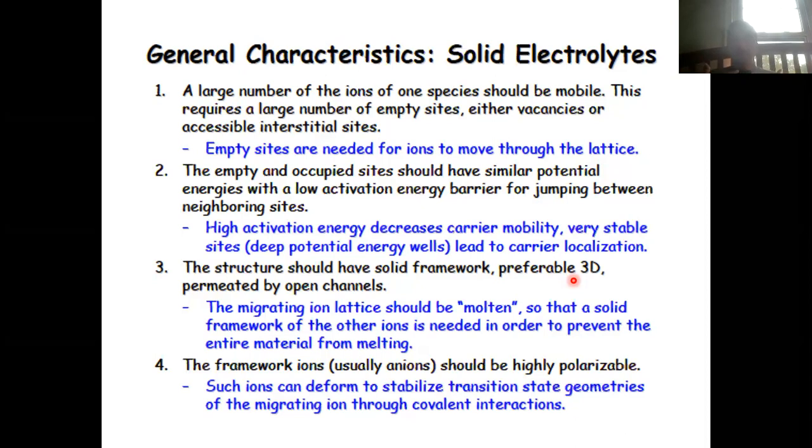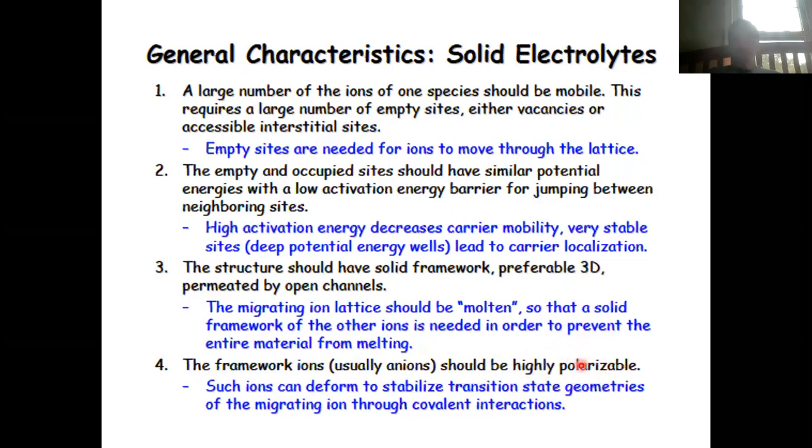Okay, this way basically the anion framework has the function of preventing the entire material from melting and keeping it solid. So when we talk about cation conductivity, the anions should be highly polarizable.